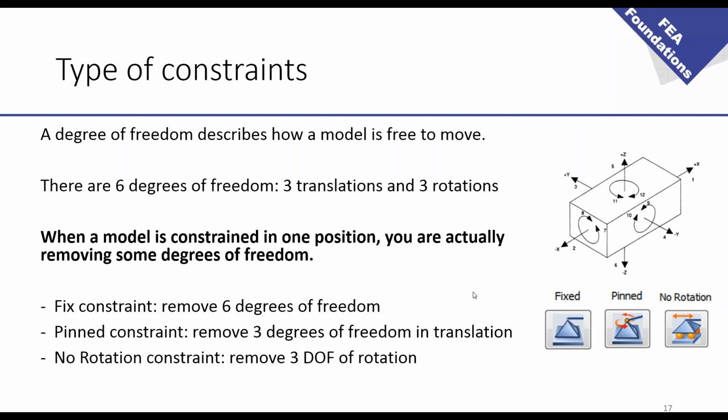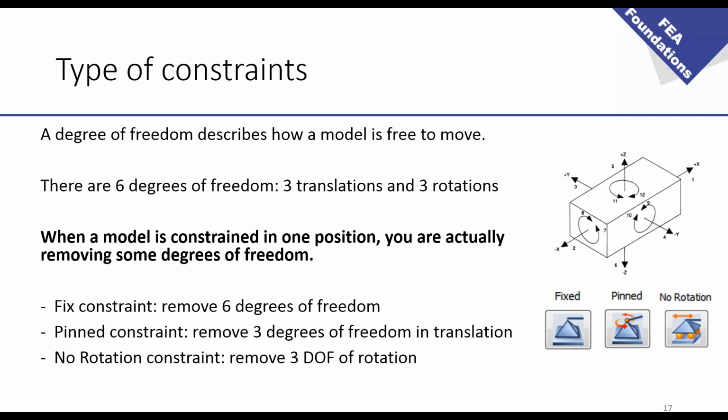Okay, you have different types of constraints, and to understand that you have to know a very simple concept, which is called the degree of freedom. Basically, the degree of freedom describes how a model is free to move in a 3D space.